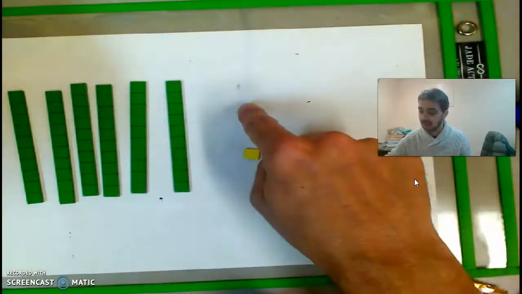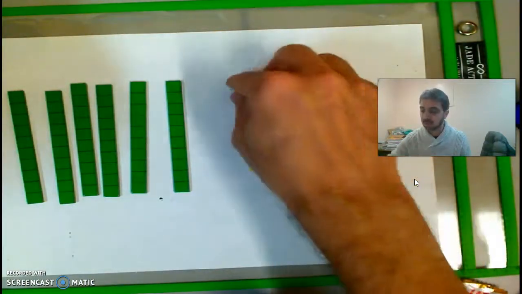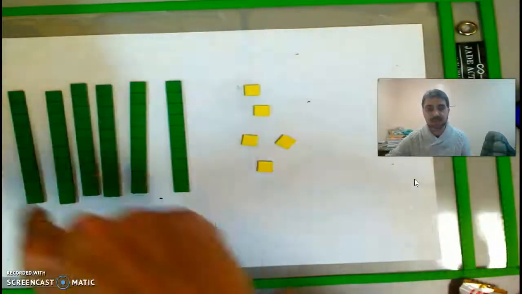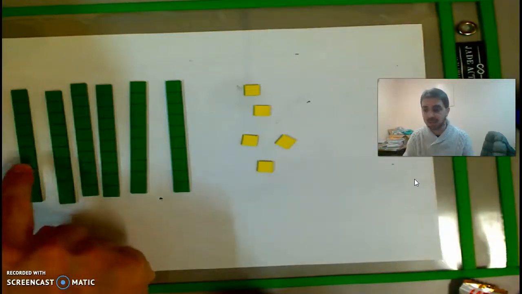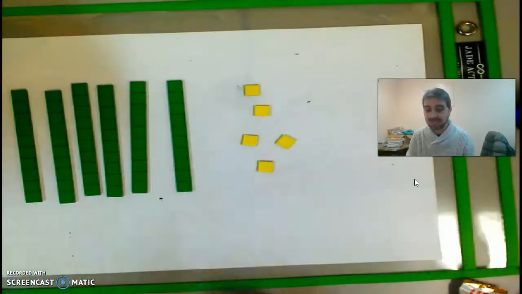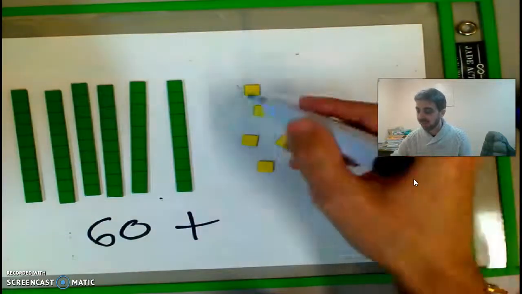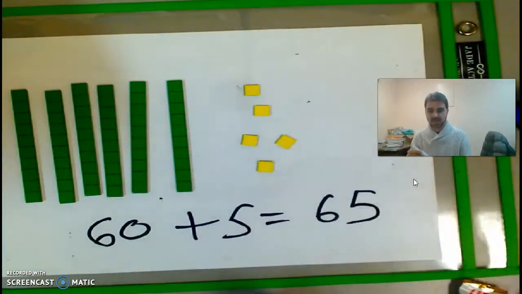And I have 1, 2, 3, 4, 5 more pieces. These are just actual pieces of candy. So over here, how many pieces of candy do I have? Let's count together: 10, 20, 30, 40, 50, 60. So we have 60 pieces here, plus 5 more here. That gives me 65 pieces of candy.